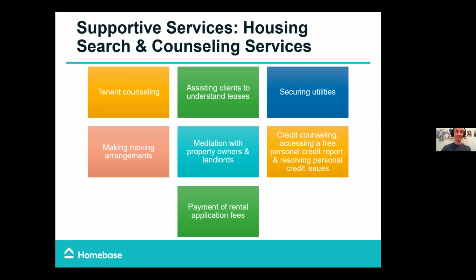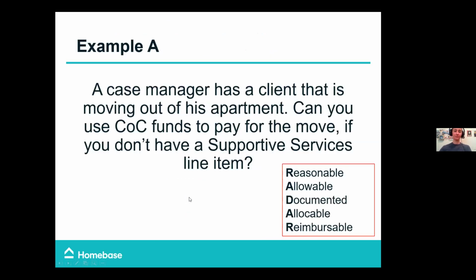So let's take a pause here to consider an example together. And we're going to come up on our first poll in just a moment. The example is, a case manager has a client that is moving out of his apartment. Can you use CoC funds to pay for the move if you don't have a supportive services line item in your budget?